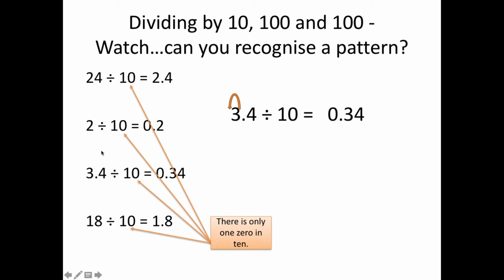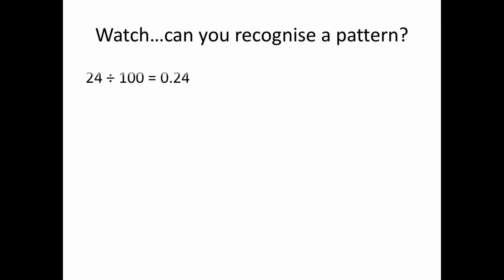Because your decimal point is falling there, and we can't just put 3 or 34 because that decimal means something. If your decimal comes to the end of the number and there's nothing else to do, you just get rid of it. 18 divided by 10, we just go back one space, and it falls in between those two numbers, giving us 1.8. Okay, let's move on.